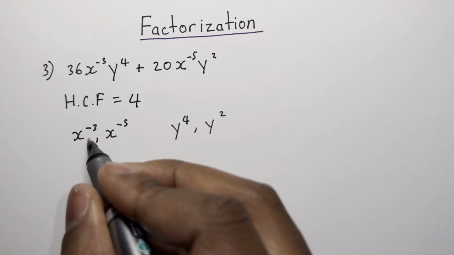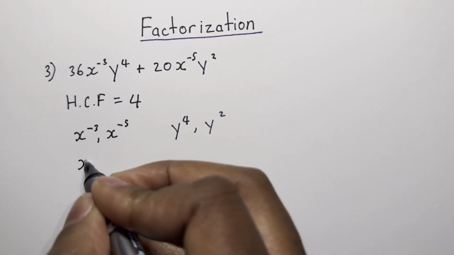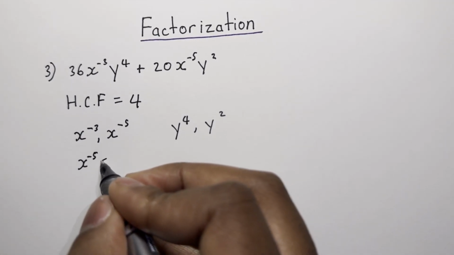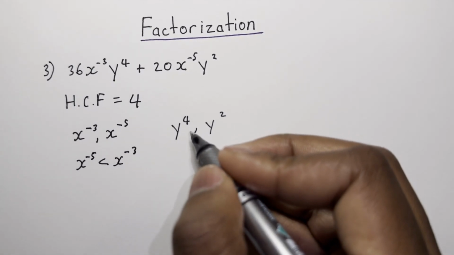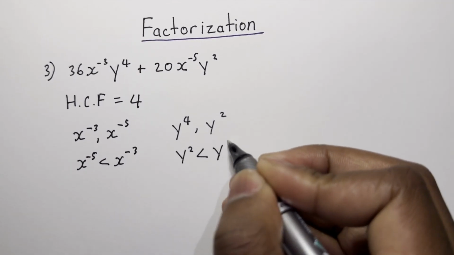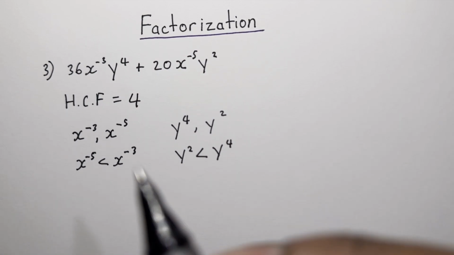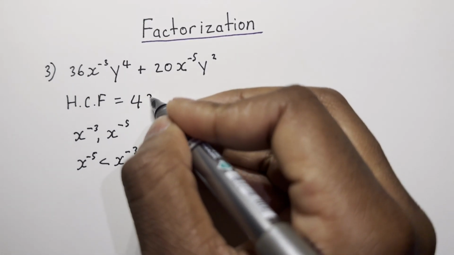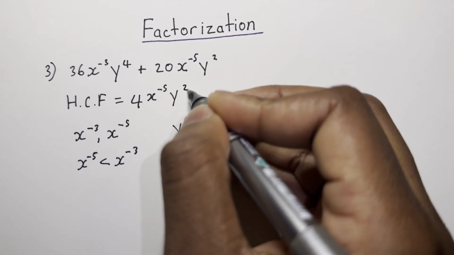So which one of these is lesser? X to the negative 5 is less than x to the negative 3. And y squared is less than y to the 4th power. Therefore, the HCF for the entire expression is 4x to the negative 5 y squared.